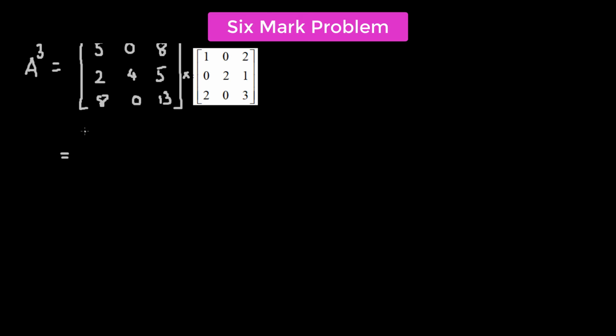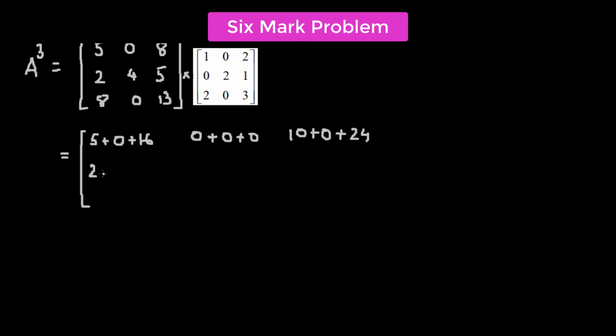Following the same algorithm for multiplication, 5 times 1 plus 0 plus 8 times 2. Then we have 5 times 0 plus 0 times 2 plus 8 times 0. 5 times 2 plus 0 times 1 plus 8 times 3.